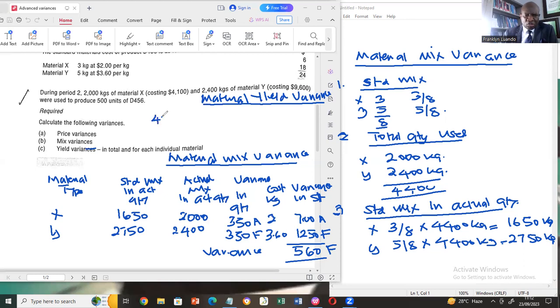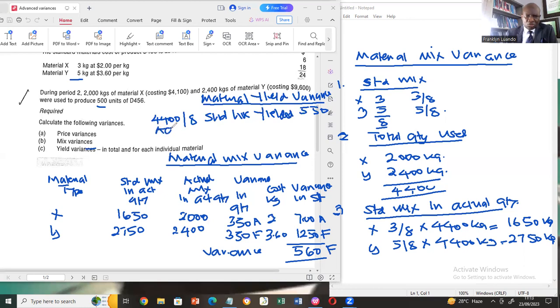The total quantity was 4,400 divided by the standard input of 8. If you divide, it should have yielded 550 units, but it did yield 500.